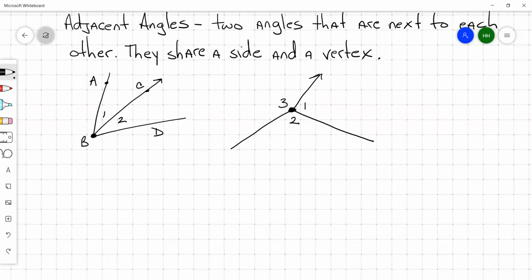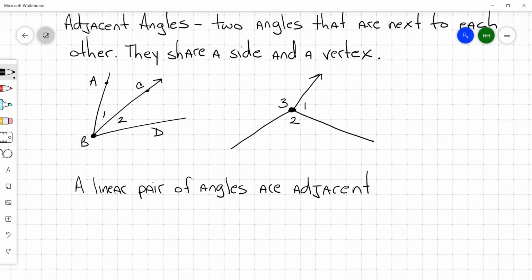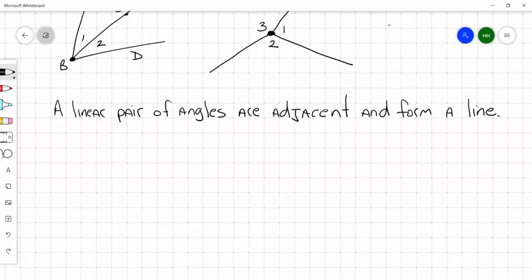A linear pair of angles. They're adjacent, and they form a line. A linear pair of angles are adjacent and they form a line.